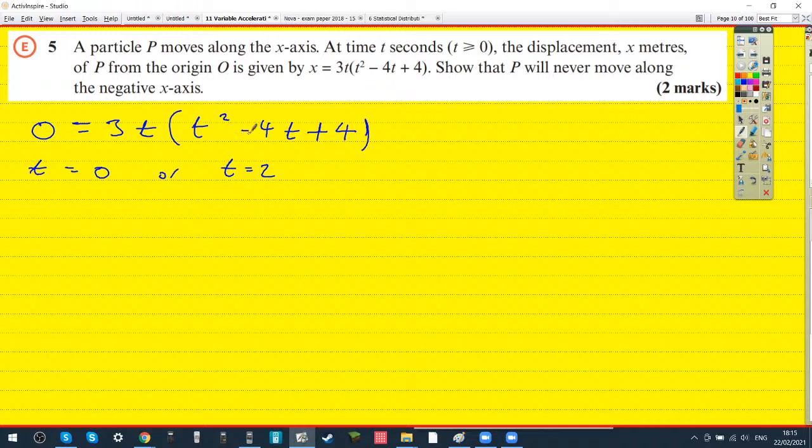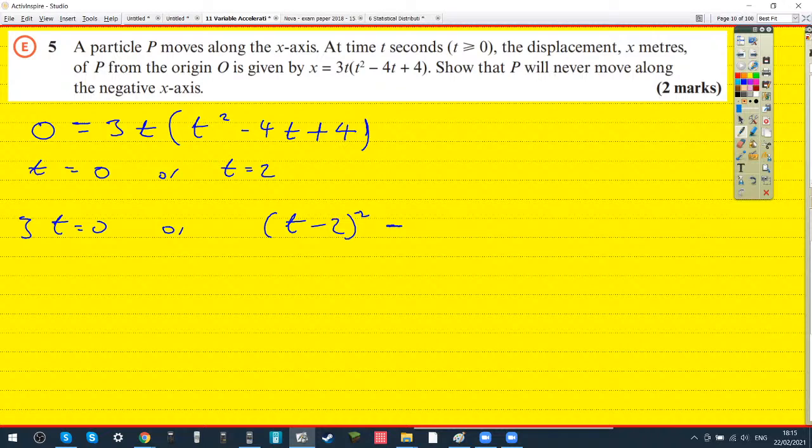Can you factorize this bracket? Don't think you can. To show that, write this second bracket in completed square form. What would it be? So that will be t minus 2 bracket squared minus 16 plus 4.